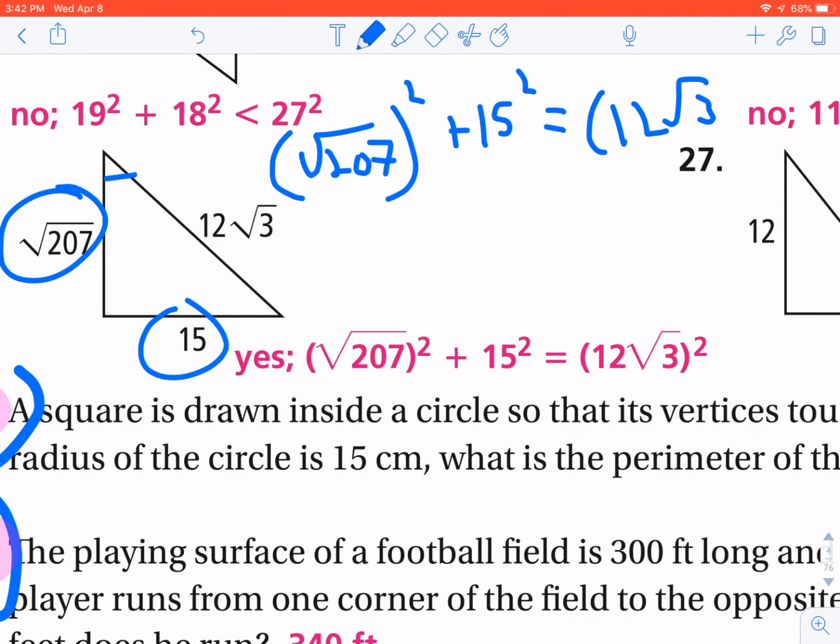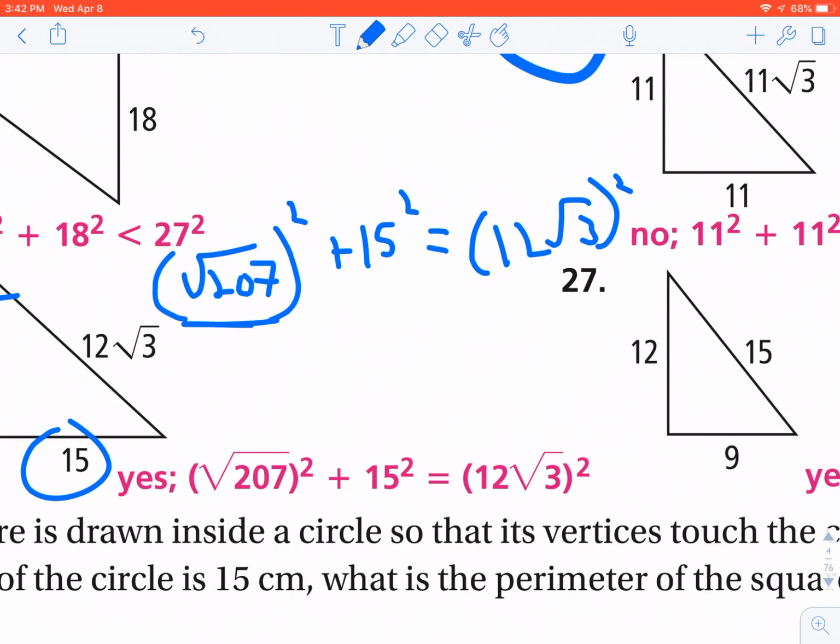Now notice the way I wrote it, I put this and this in parentheses. If you want to use your calculator, and I have students when we're face-to-face in the classroom, kids screw this up all the time because they type it in their calculator, but they don't put these parentheses around it, and they say the calculator gave them the wrong answer. Well, no, the calculator gave you exactly what you typed in.